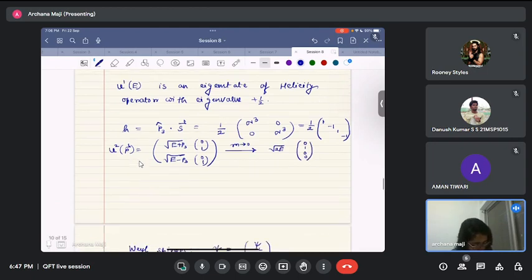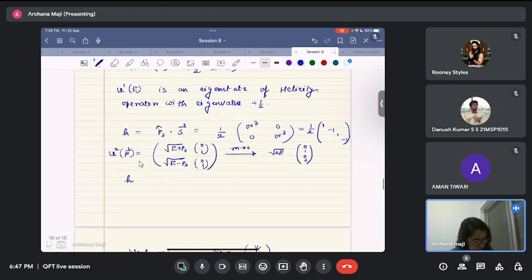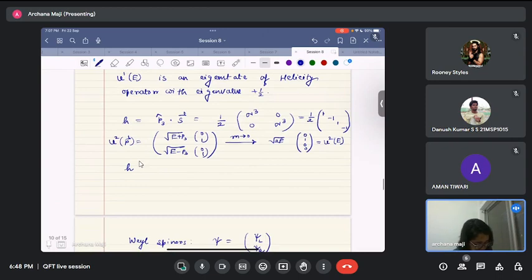Okay, so now this helicity operator, if you act on this, so call it u2 of E, because p3 is now just E for a massless particle.